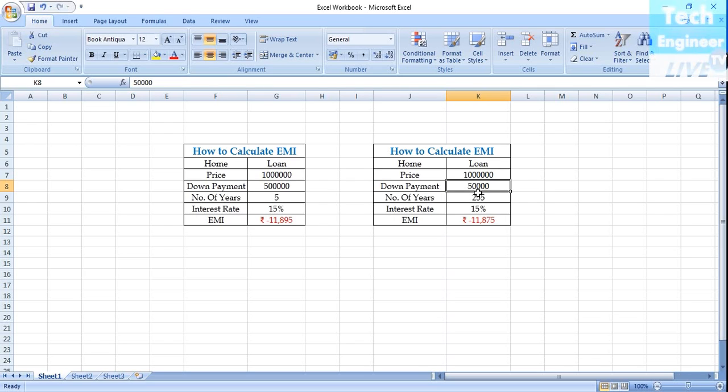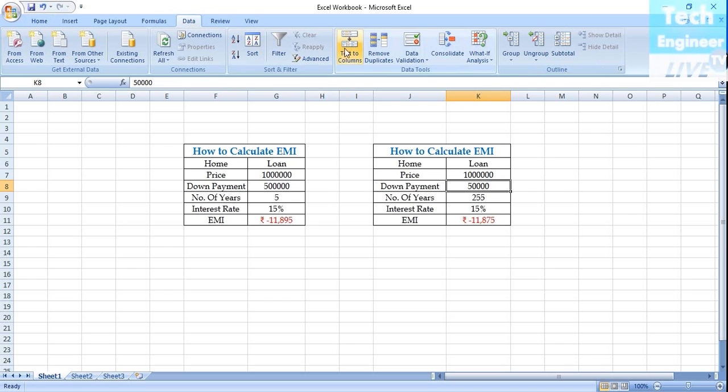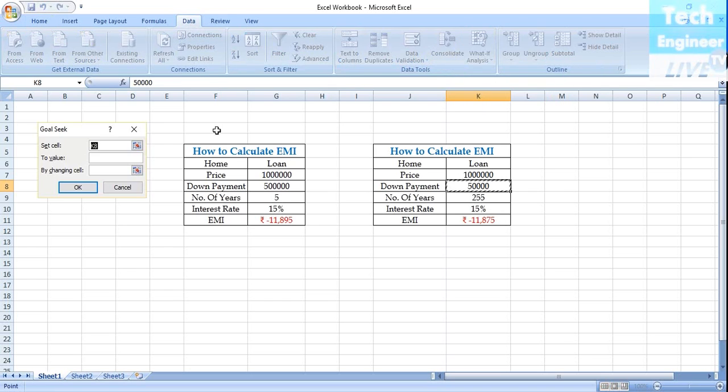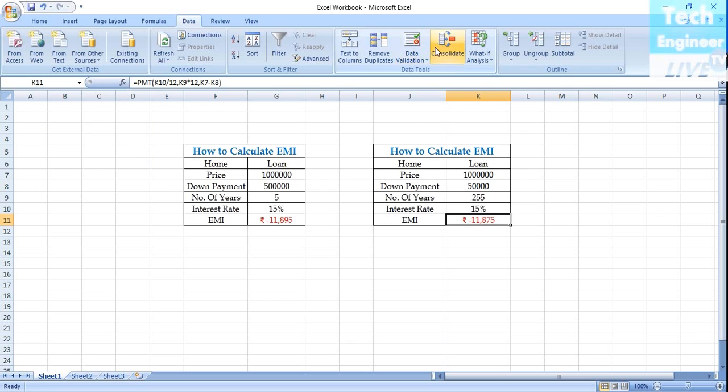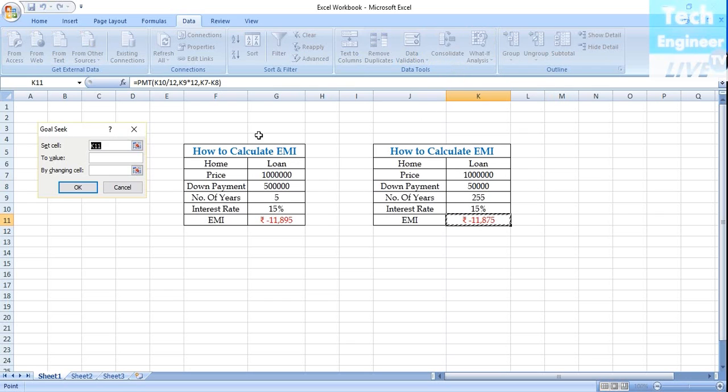For example, if I increase that again, and say I'm ready to pay 5 lakh again, but my EMI will be 10,000 only, what would be the down payment I need to pay?